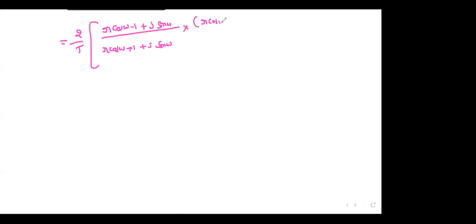This is equal to T by 2 into (r cos omega minus 1 plus j sin omega) divided by (r cos omega plus 1 plus j sin omega) into (r cos omega plus 1 minus j sin omega) divided by (r cos omega plus 1 minus j sin omega).